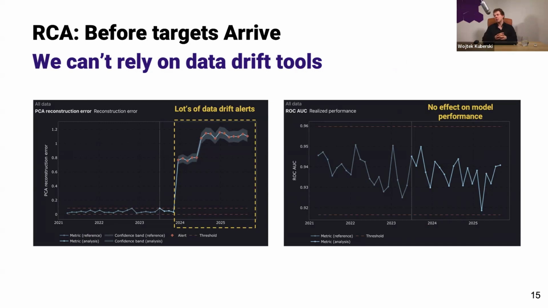Here, you can see an example of PCA reconstruction error, which is a quite powerful multivariate drift detection tool that we have in our product and our library. And still, we see that sometimes we're going to have a lot of alerts. There's going to be a significant change in the data structure that does not correspond to a decrease in model performance.